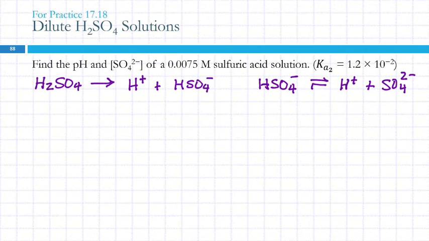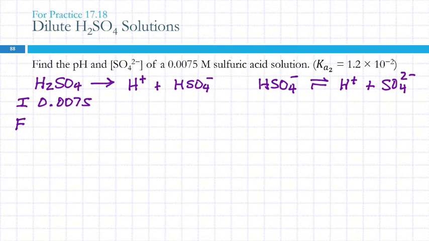So then we're essentially using stoichiometry to figure out what happens in this first one. So if I initially have 0.0075 molar H2SO4, maybe we'll do initial and final.